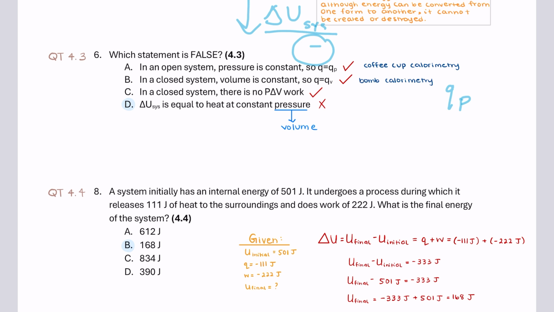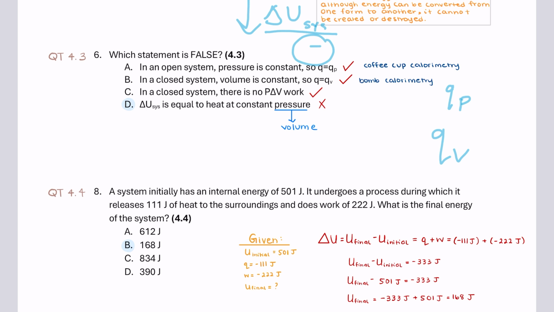B says, in a closed system, volume is constant, so Q equals Q sub V. This is also true. In a closed system, like a bomb calorimeter, the volume does not change. That means no pressure volume work is done, and the heat that's exchanged under these conditions is in fact labeled Q sub V, which reflects the change in internal energy.